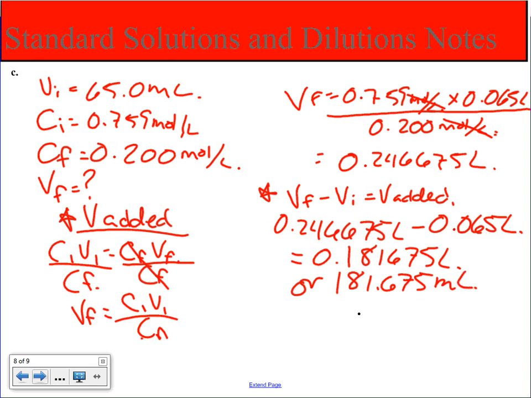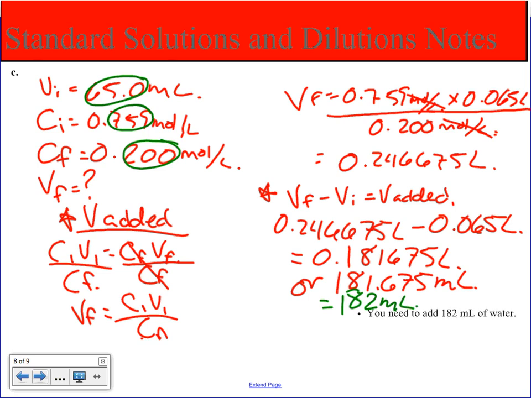Because if I look back here, I've only got 3 significant figures, I need to report my answer in 3 significant figures, so it should be 182 milliliters. So you need to add 182 milliliters of water.